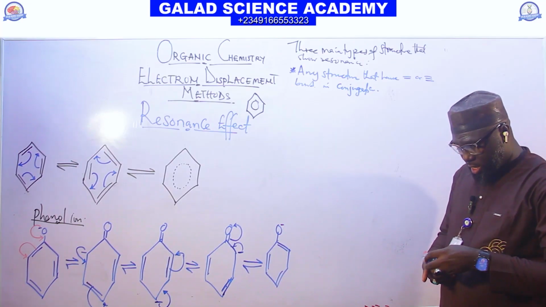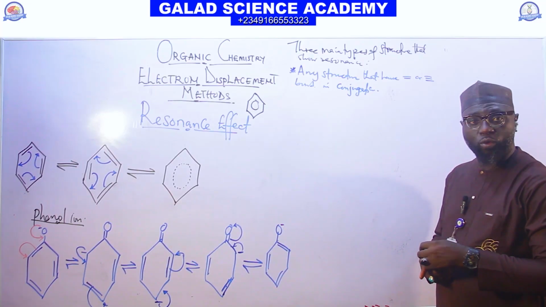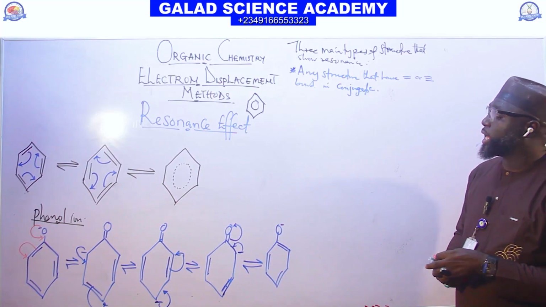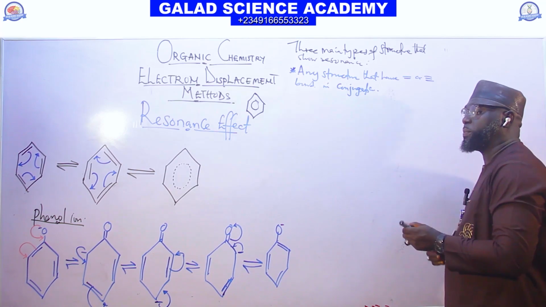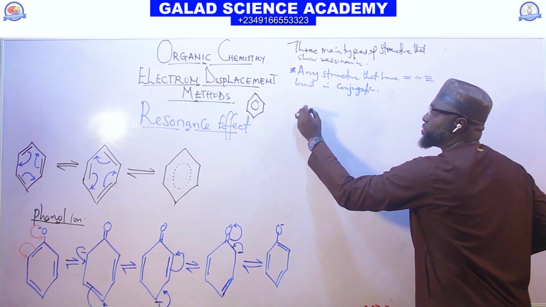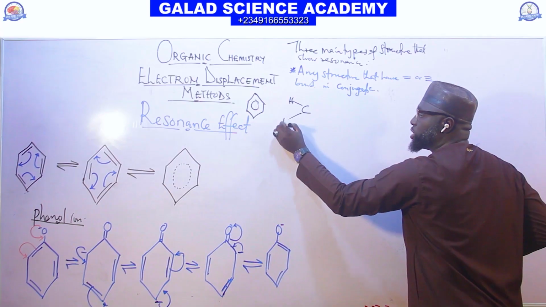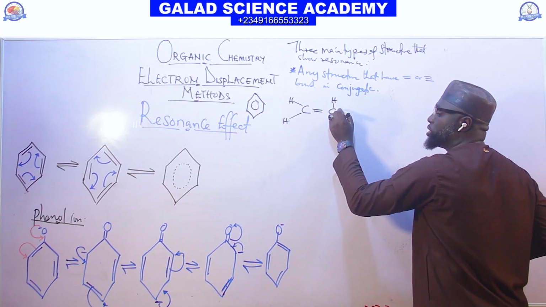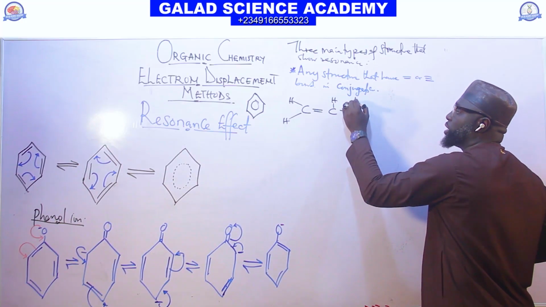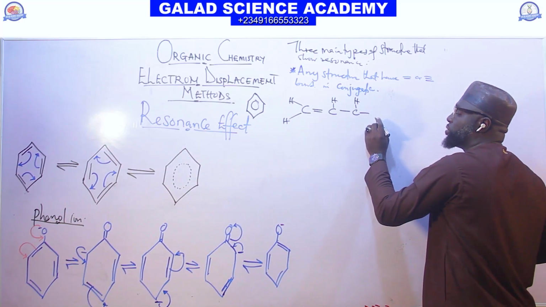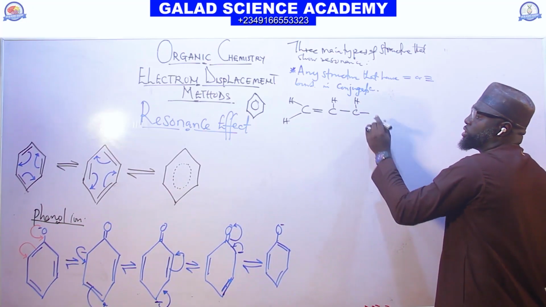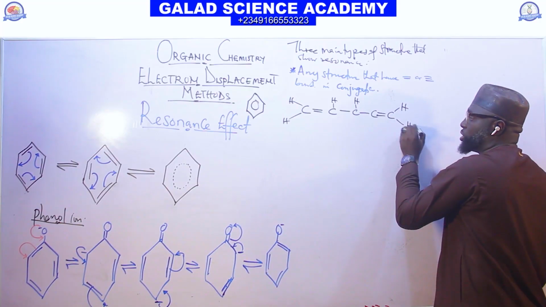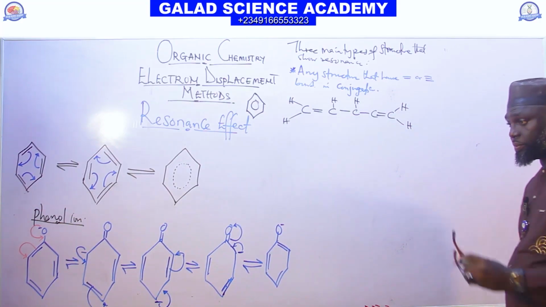Let me give one example of that. Let us look at this compound. We have CH2 double bond CH, a single bond, then CH double bond CH2.